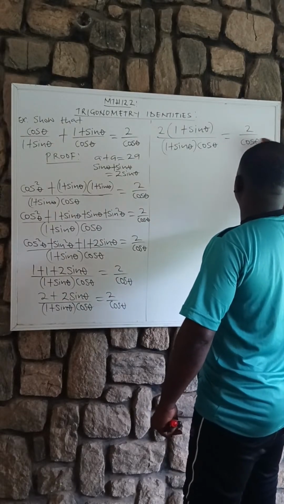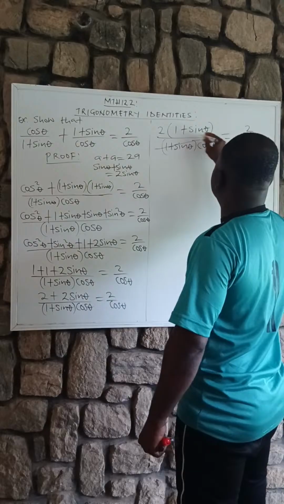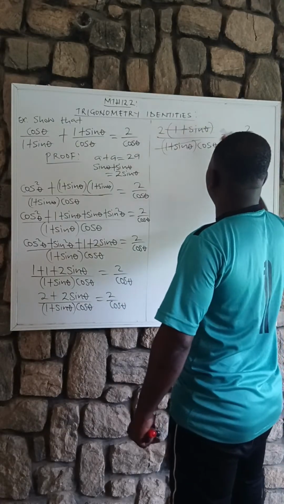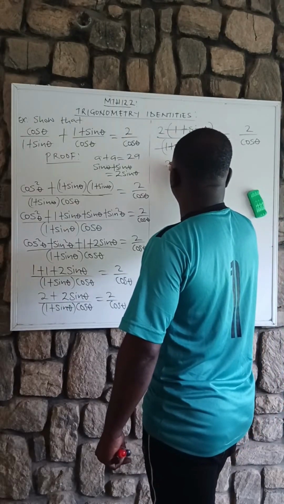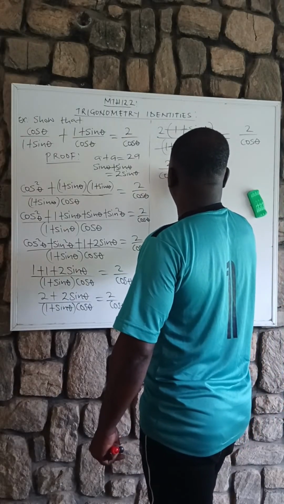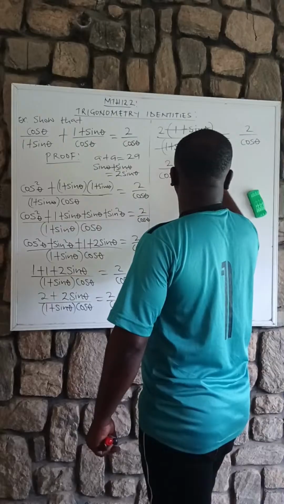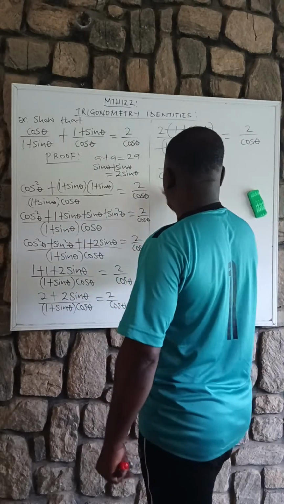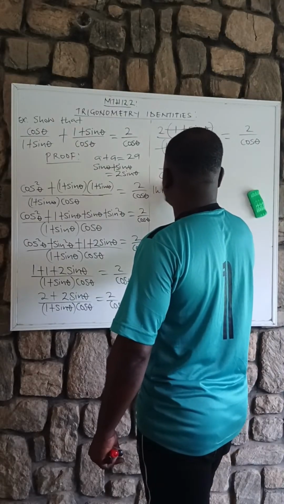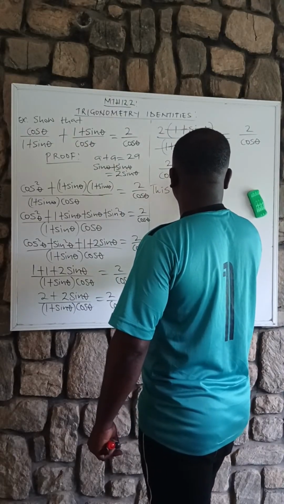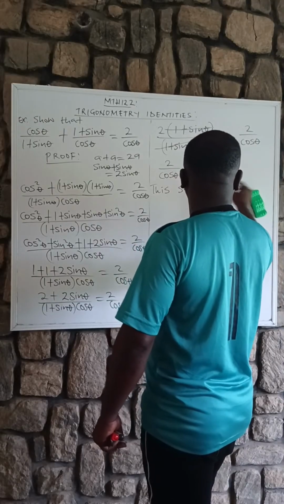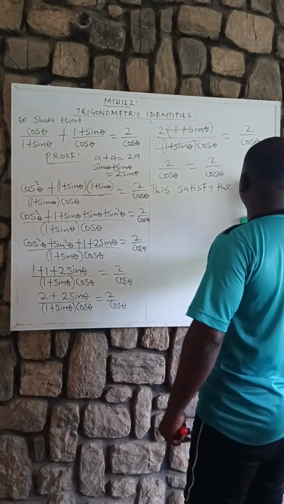Cos theta. So you can now see that this and this will go. We'll be left with 2 all over cos theta equals to 2 all over cos theta. And this satisfies the proof.